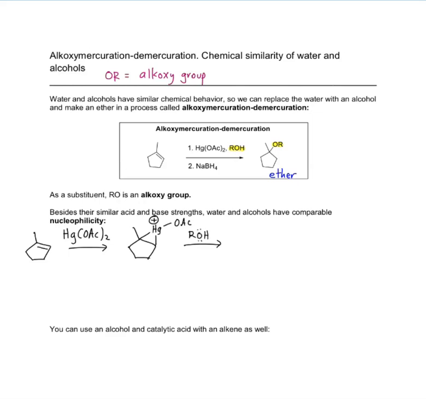So I'm going to keep it abbreviated, but remember, the R could be a methyl group, so this could be methanol, it could be ethanol, it could be isopropanol, what have you. So we have some alcohol. The alcohol at this stage is going to act exactly the same way that we saw the water act. We have that three-membered ring pattern: two atoms that are carbon, one that's not, positive charge. And so the nucleophile is going to attack at the more substituted ring carbon.